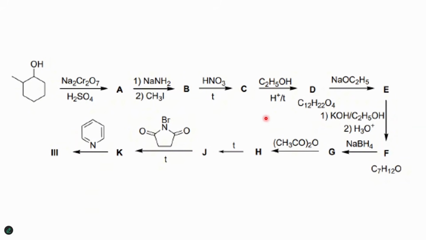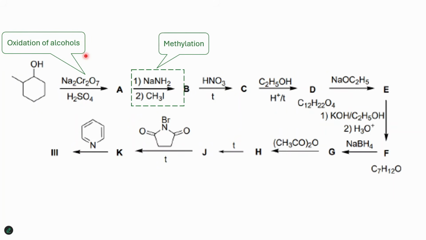First, we are going to try to find out what these reagents do, just to have a rough idea of what is going on. So I'm going to label each reagent or set of reagents with their purpose. For example, dichromate in the presence of sulfuric acid is commonly used for oxidation of alcohols. Here we have a methylation reaction. We have a base, it's going to deprotonate an acidic proton and install a methyl group.